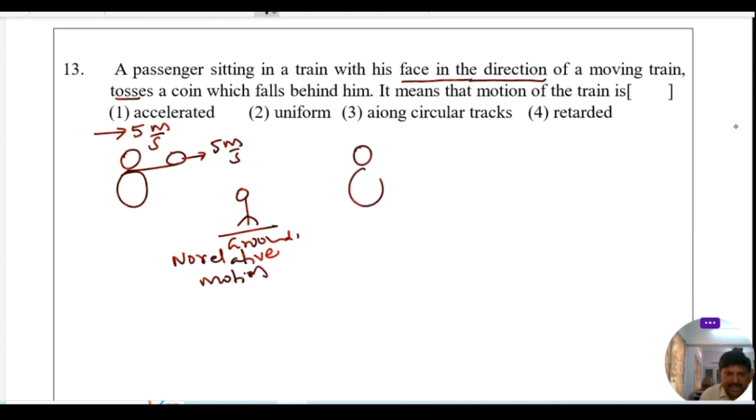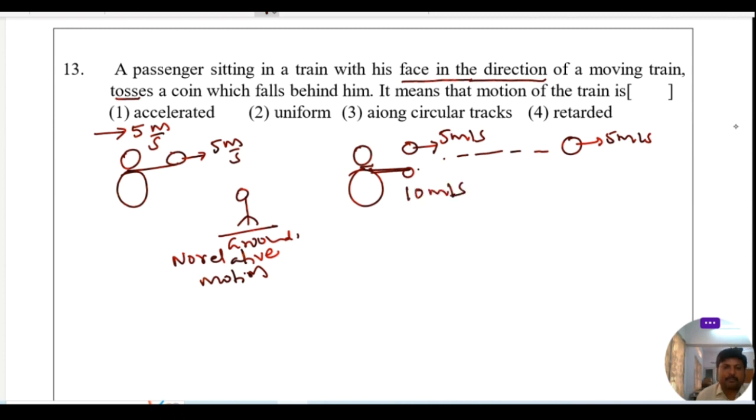Next, when the passenger tosses a coin, the coin loses contact with the passenger, but the coin speed is already 5 meters per second in the forward direction. But my dear children, the coin falls behind him. Suppose when he tosses the coin, immediately the train moves at a speed of 10 meters per second.